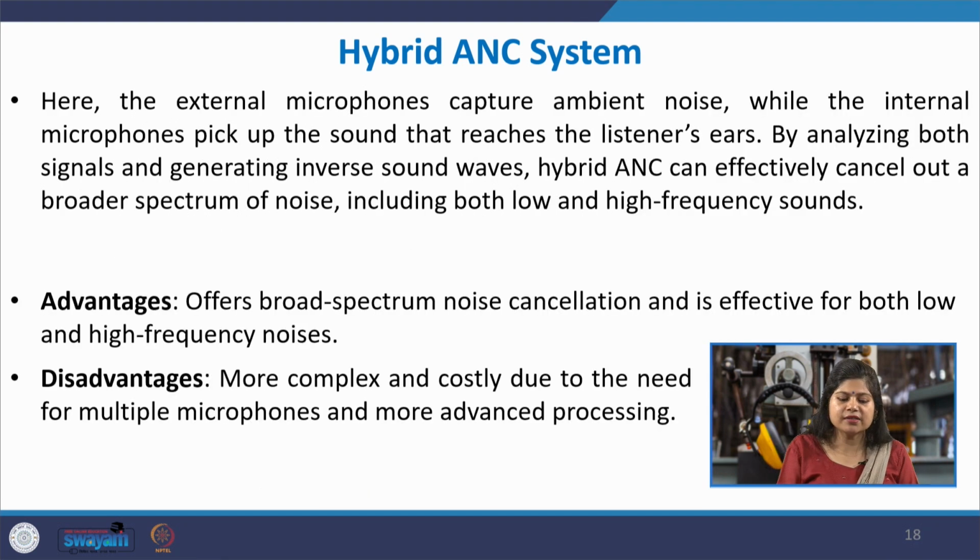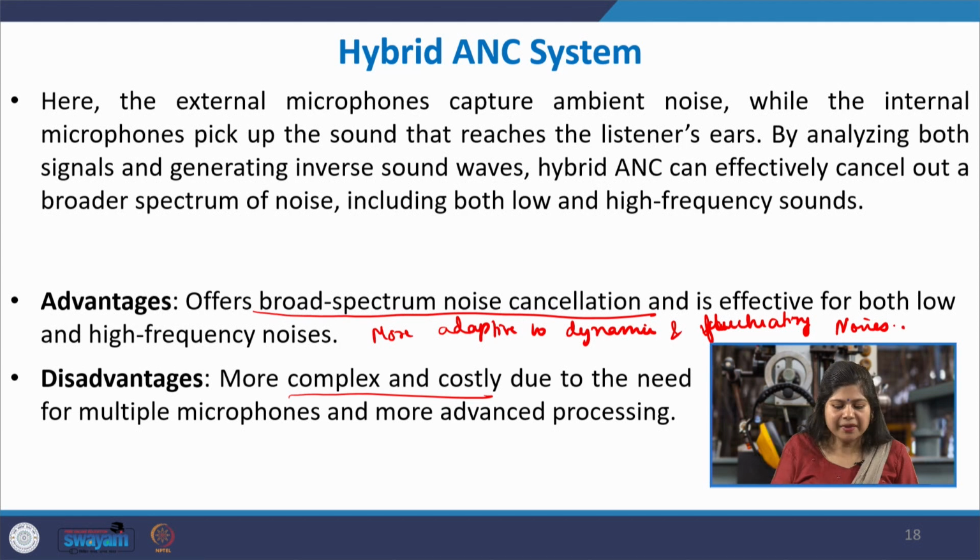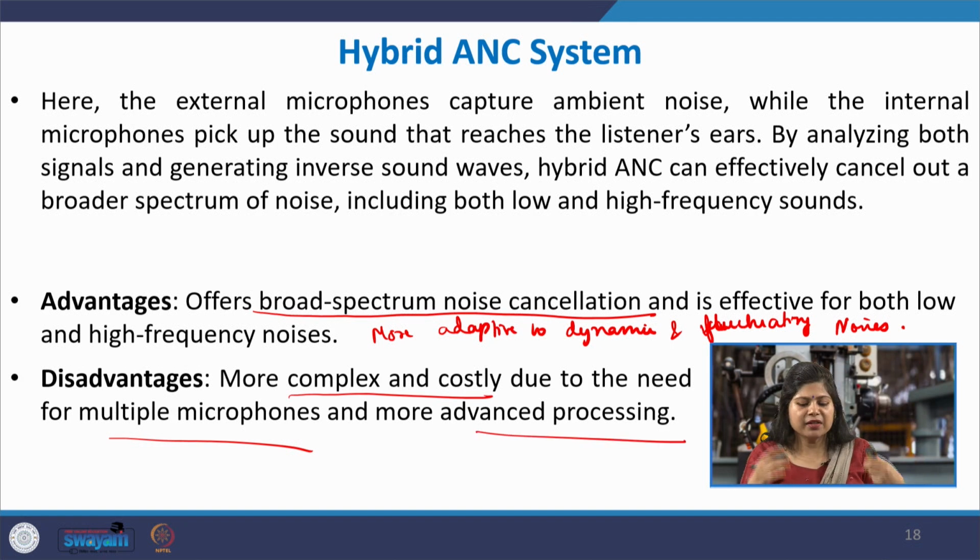So, the advantages are that now they can work for both low and high frequency, because they are combining both these features, so a much broader spectrum of noise cancellation is achieved, and they are more adaptable to dynamic environments and varying, fluctuating noises, but they are more complex and costly, because they need multiple microphones, so more costly and more advanced processing, that is obviously the disadvantage, but they have better adaptability and better results in almost all the frequency ranges.